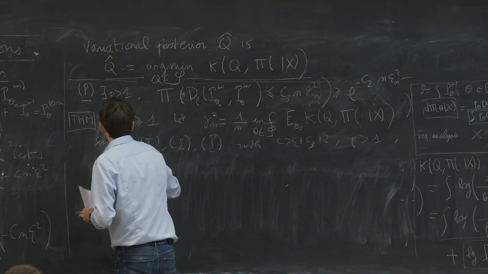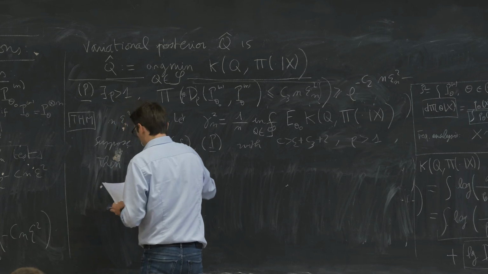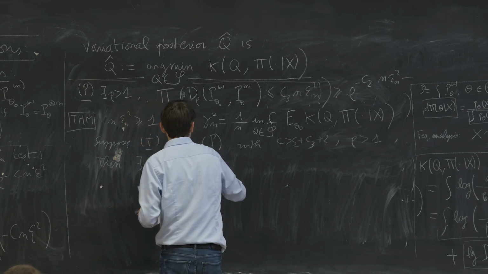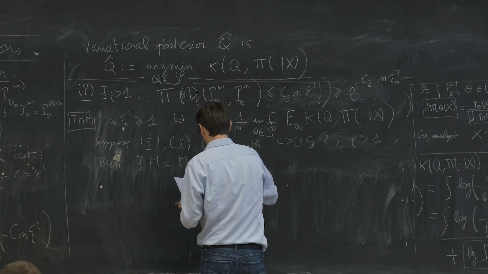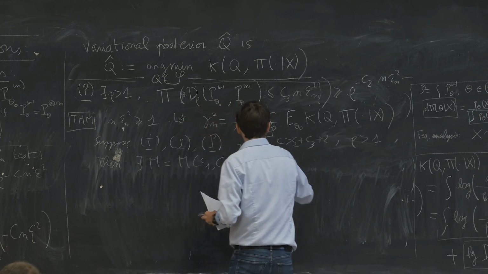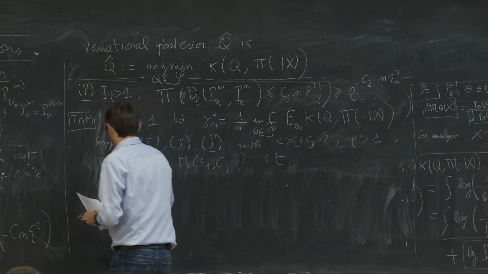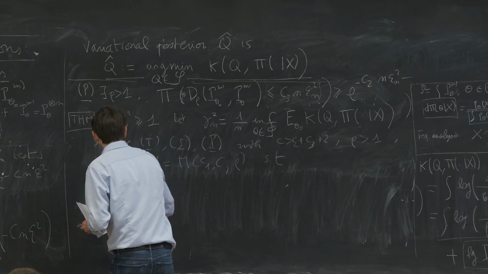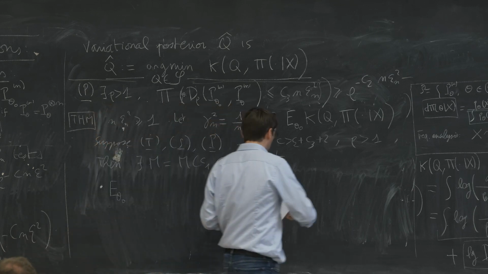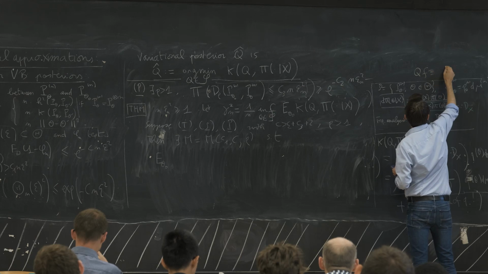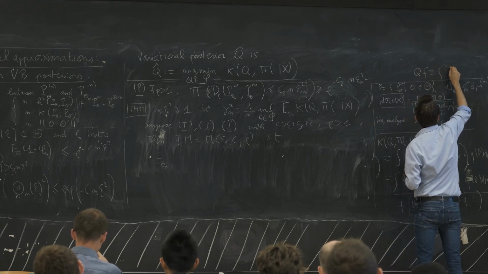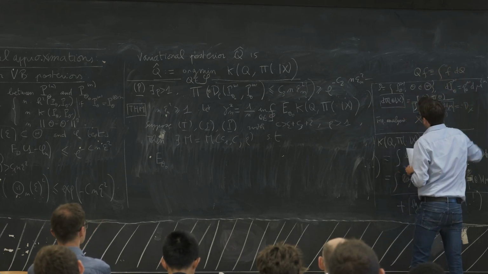Suppose these three conditions, then for a constant m large enough, which depends on the previous constants C1, C, and rho, we have the following. Here, as in my earlier notation, Q of f is the operator notation for the integral of f dQ.